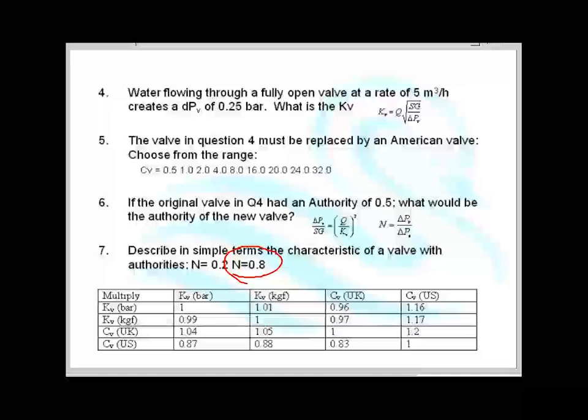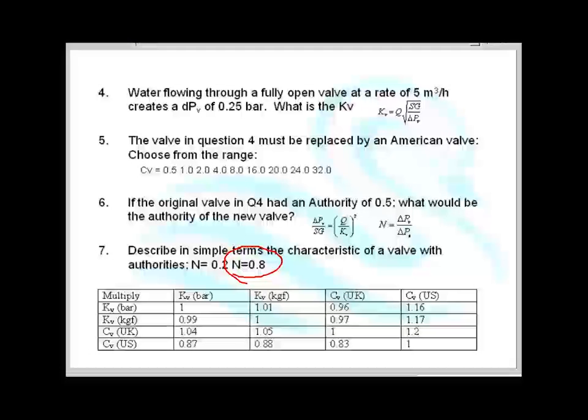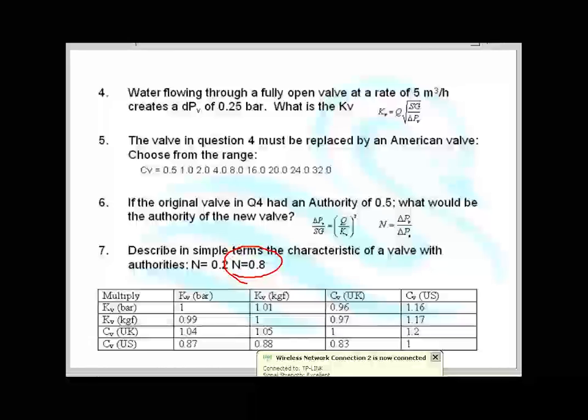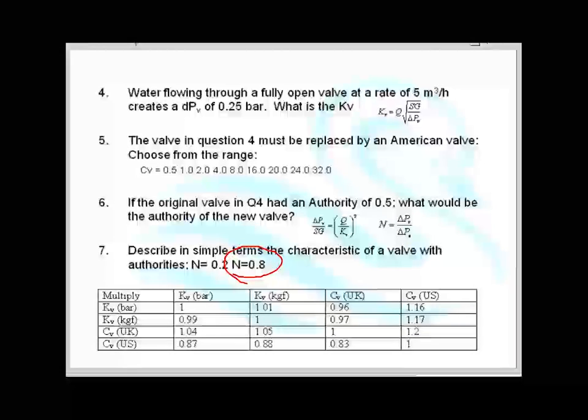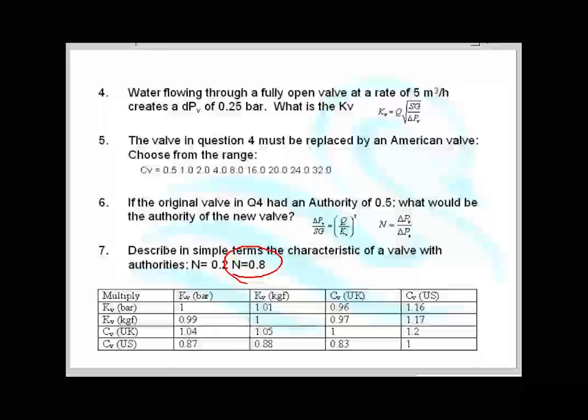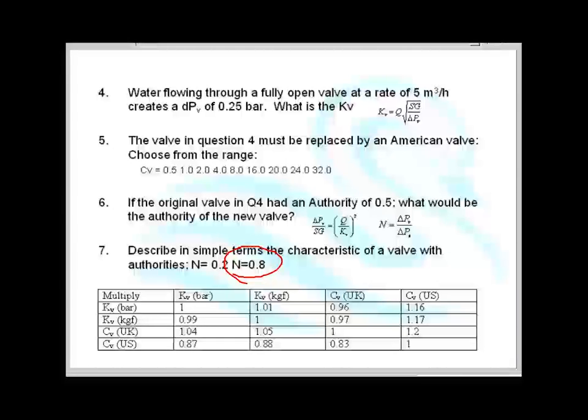Last one. In simple terms, authority 0.8. The valve is, by a process of elimination, too small. Remember, given the choice of going too big or too small, we always go too big. We don't go silly. If you go massively too big, you're going to get cavitation and flashing.